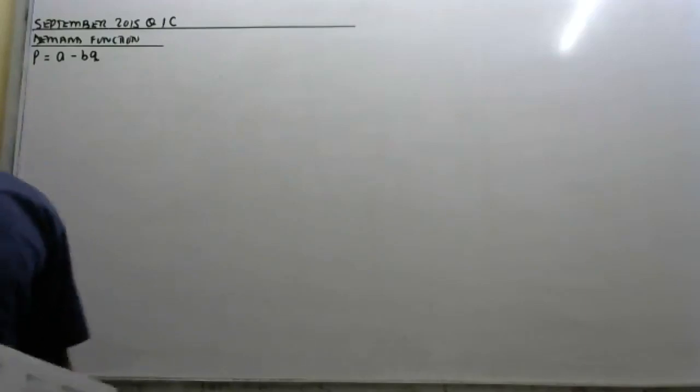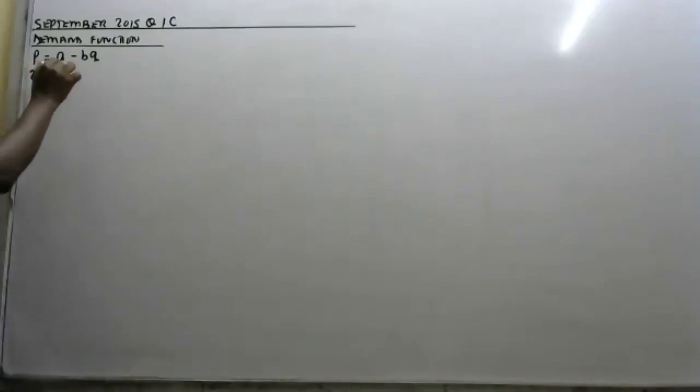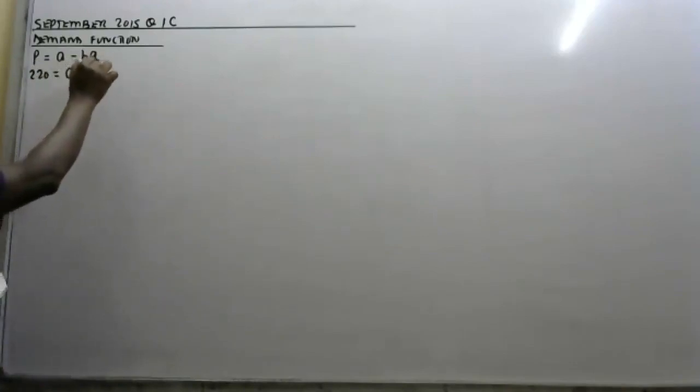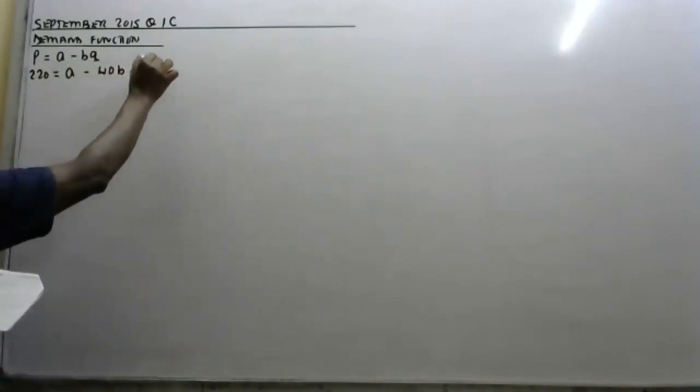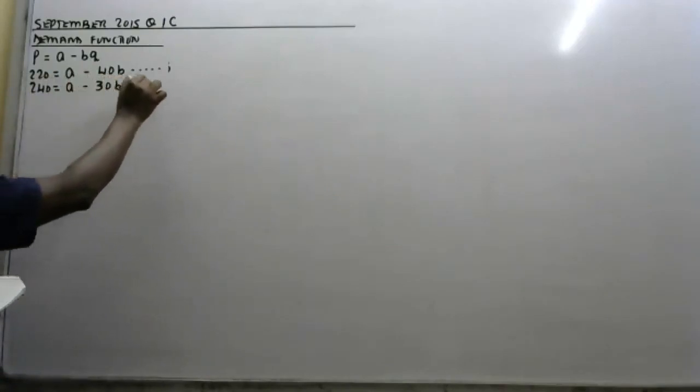We are told this is a linear function. We are told when the price is 220, the units that are demanded are 40. So 220 equals A minus 40B, that is equation number 1. Then when you change the price to 240, this is A minus 30 units, 30B.